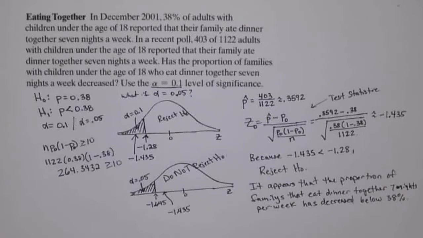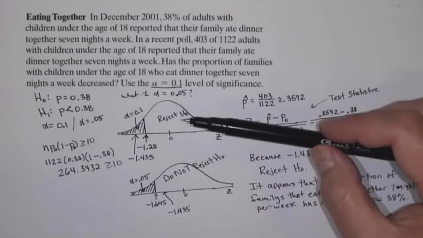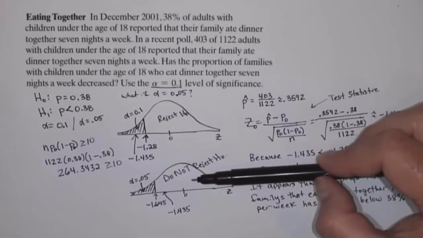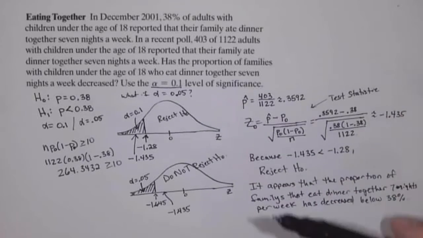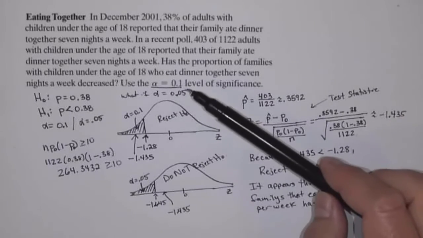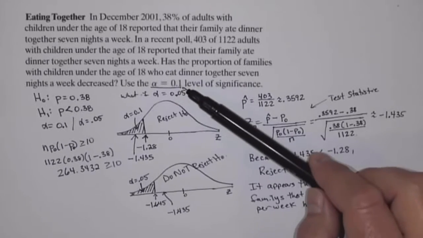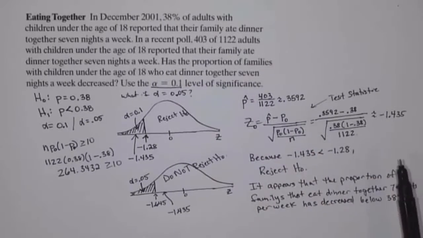Well, goodness. If I use 0.1, I reject, but if I use 0.05 for the level of significance, I don't reject. Well, this shows a couple of important ideas. One, we have to choose the level of significance up front. We can't wait until we know the test statistic before we choose what the level of significance is going to be.